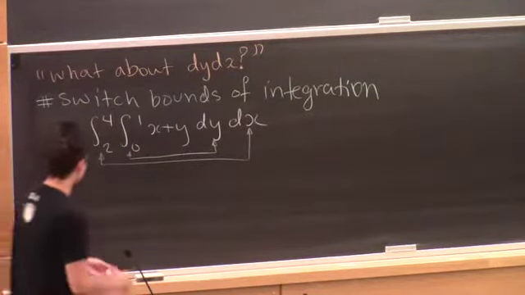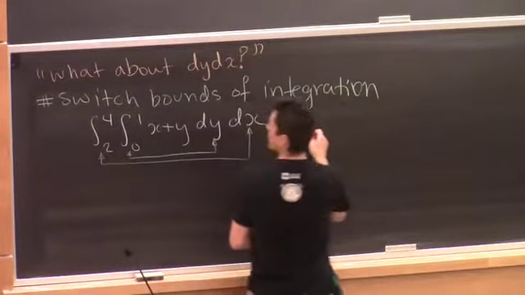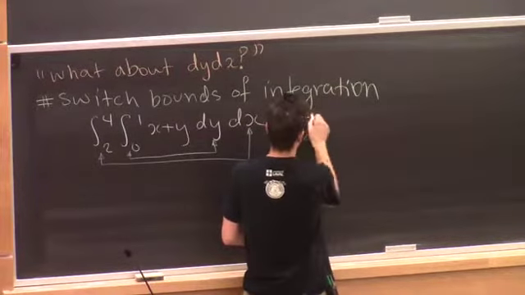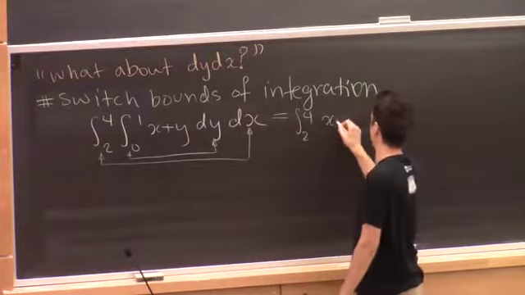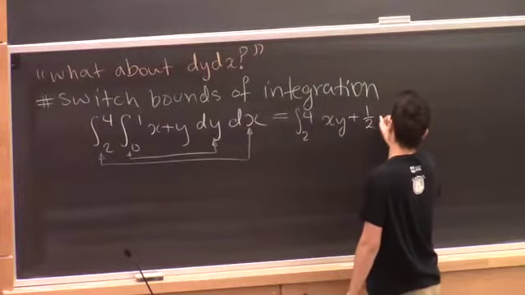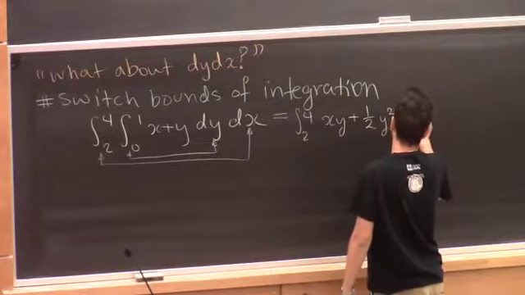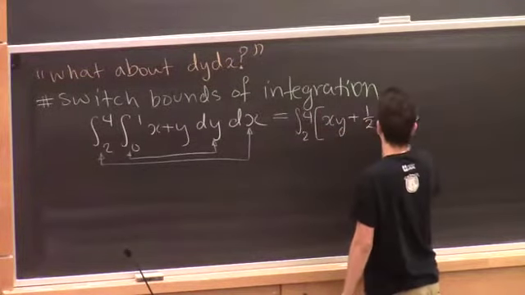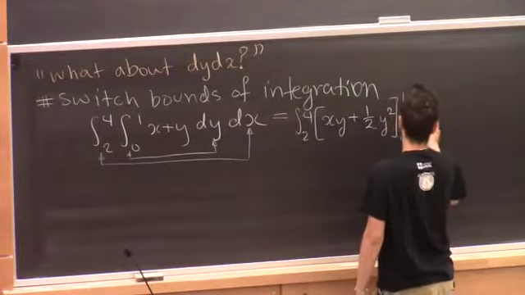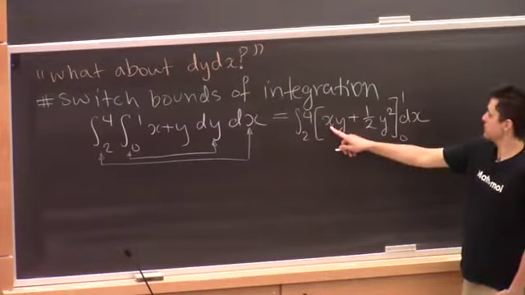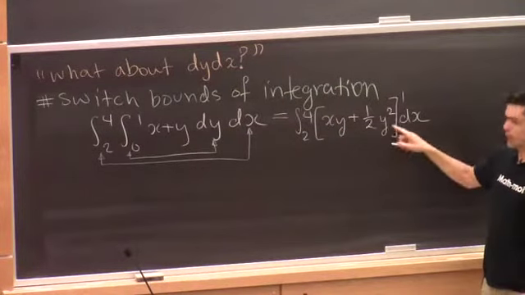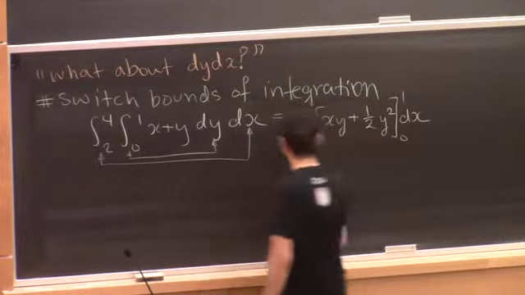Okay, so what do we get? So integrating in y, we treat x as constant, y becomes a half y squared.